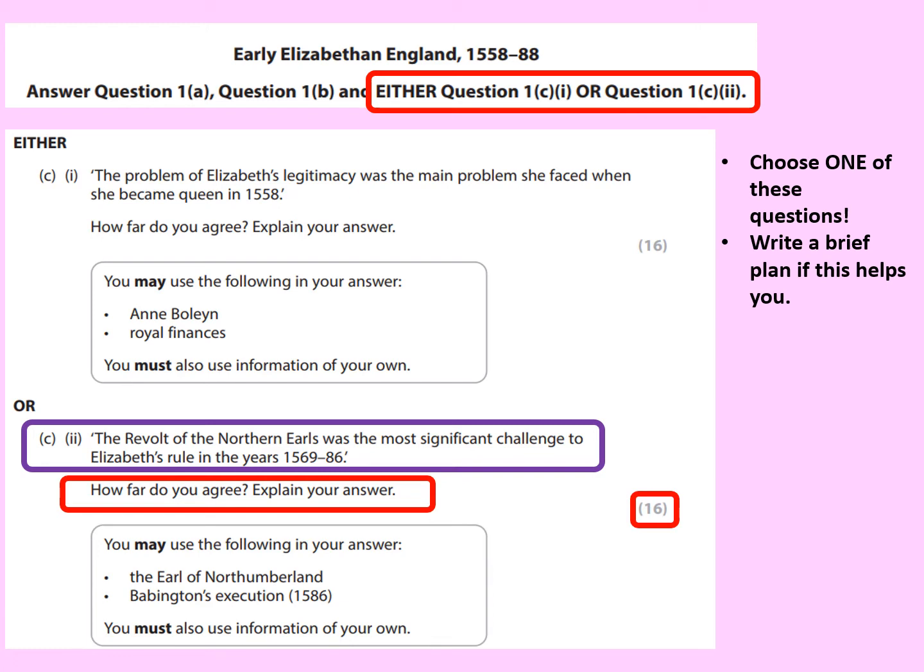Perhaps you should also note down what your opinion is. How far do you agree that the revolt of the Northern Earls was the most significant challenge to Elizabeth? Also take note in particular of things like the dates. Don't give examples from outside of 1569 to 86. You should decide how far you agree, to a great extent, to a limited extent, whatever you think. And you should aim to spend about 25 minutes in total on this answer.